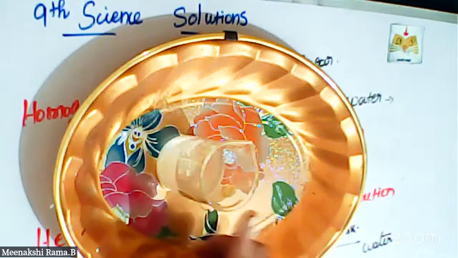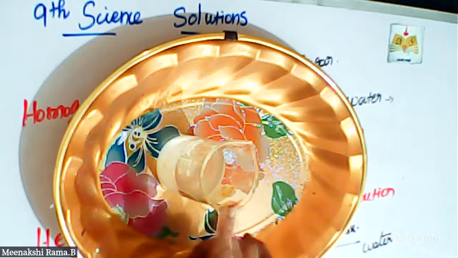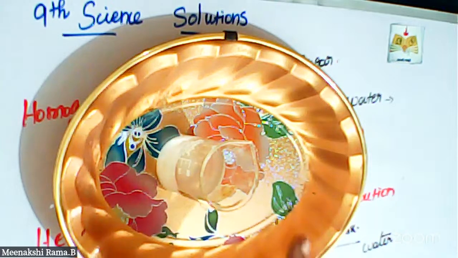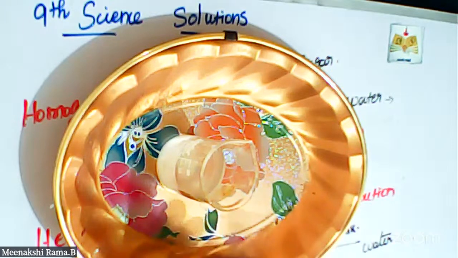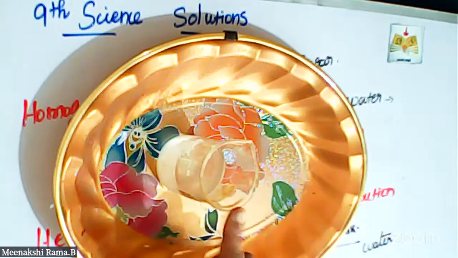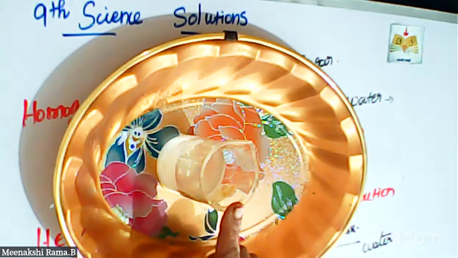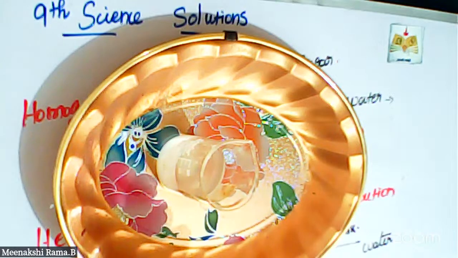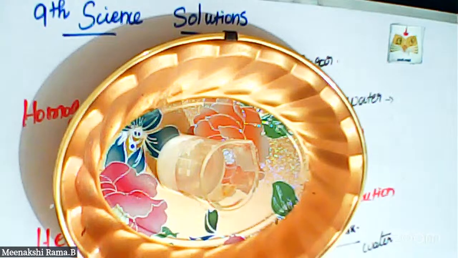So now I am adding some amount of sugar also into this beaker. Already salt was dissolved in that solution. Apart from that salt, I add some sugar also. So there are two solutes in this solution, one solvent. So this is called as ternary solution.